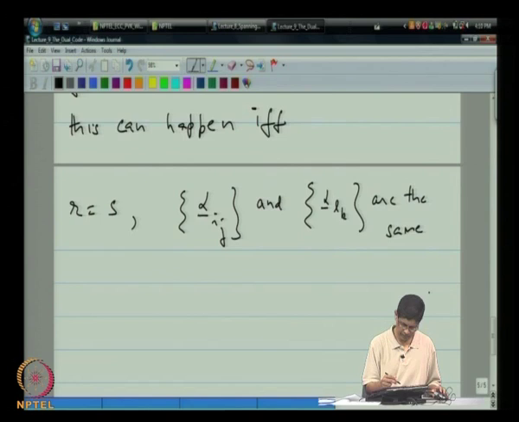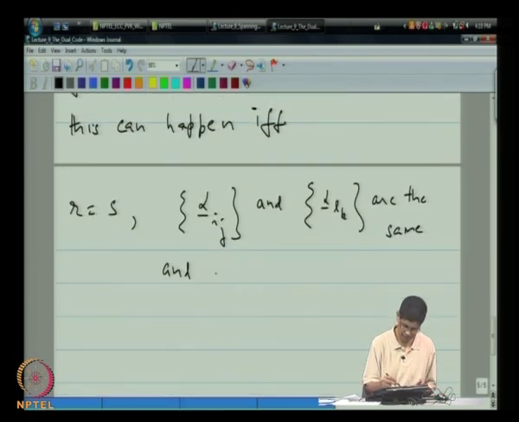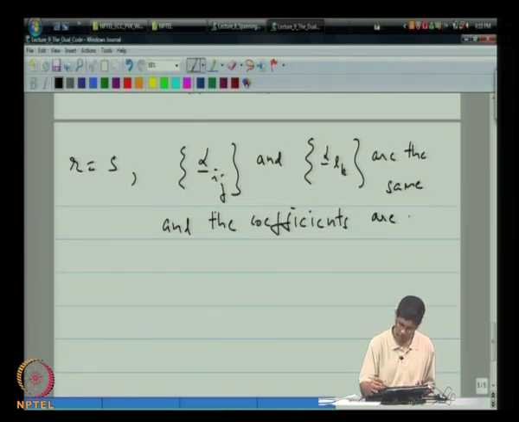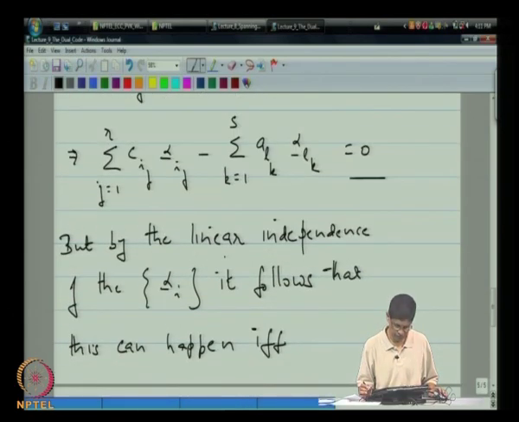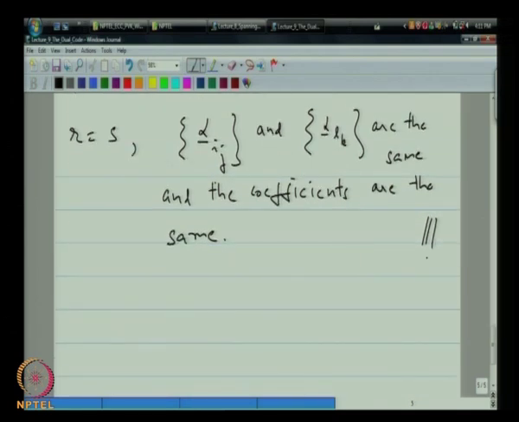You have the same set and the coefficients are the same. Okay. So, what that proves is that every vector has a unique expansion with respect to a basis.